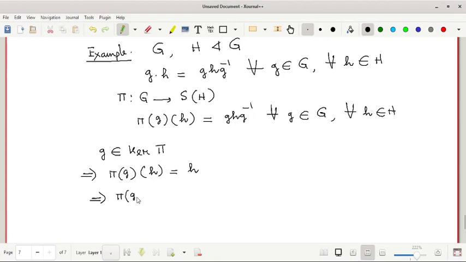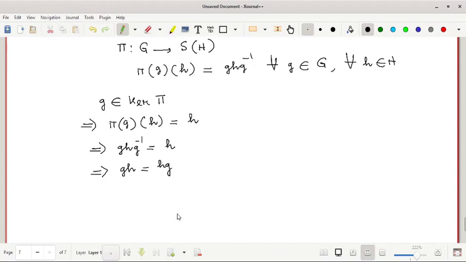What is pi g of h? It is g h g inverse. This is equal to h. Multiply both sides by g from the right, so you will get gh equal to hg.